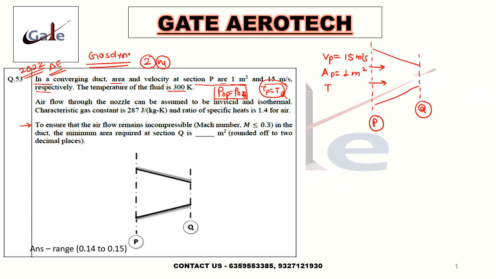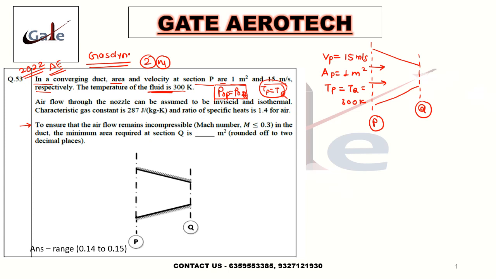Then they have given the temperature, and said that the temperature remains constant throughout your duct, which is 300 Kelvin, right? This process is isothermal in the duct.